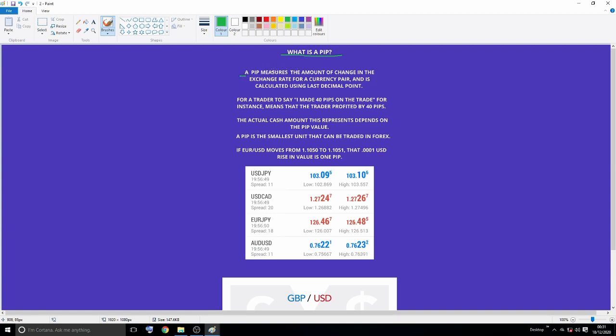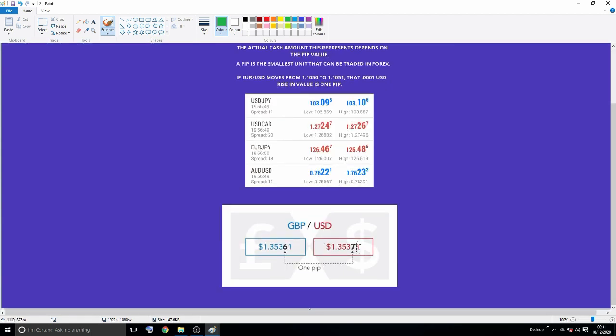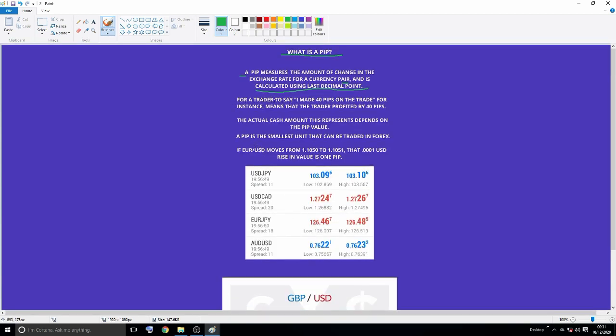A pip measures the amount of change in the exchange rate for a currency pair, and it is calculated using the last decimal point. For a trader to say I made 40 pips on the trade, for instance, means that a trader profited by 40 pips.